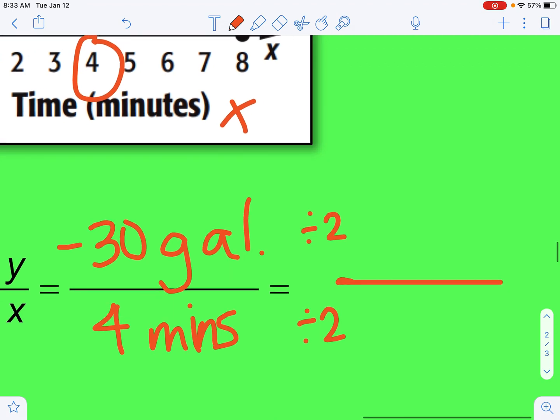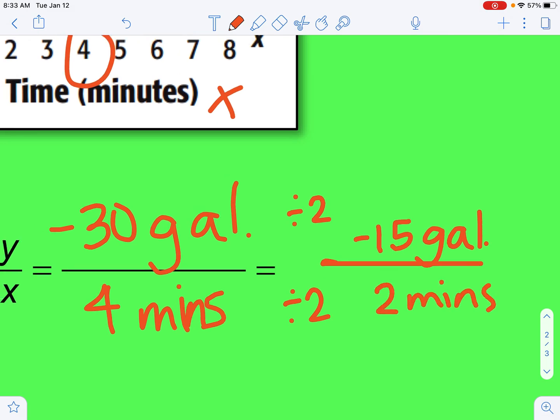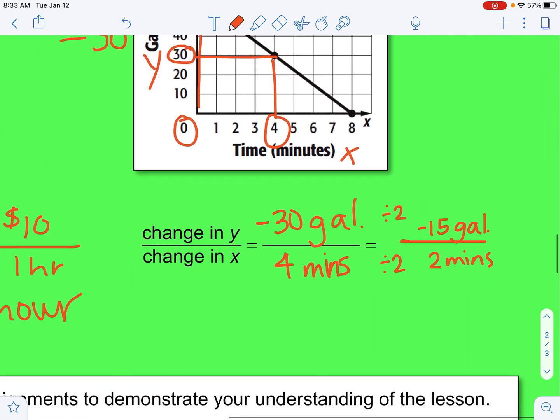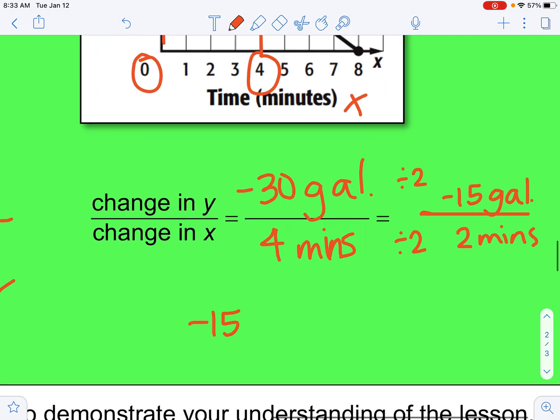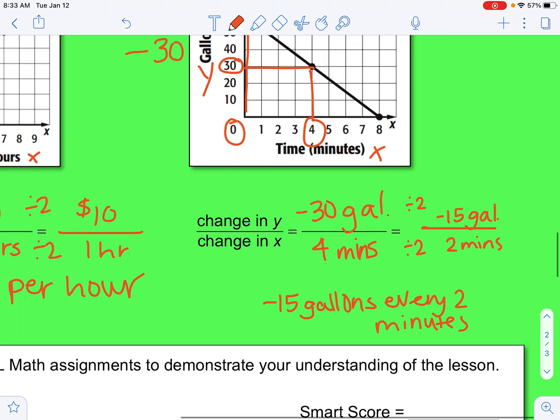A negative 30 divided by 2 gives us a negative 15 gallons. 4 divided by 2 is 2 minutes. So our bathtub is draining a negative 15 gallons every 2 minutes. And that is our rate of change.